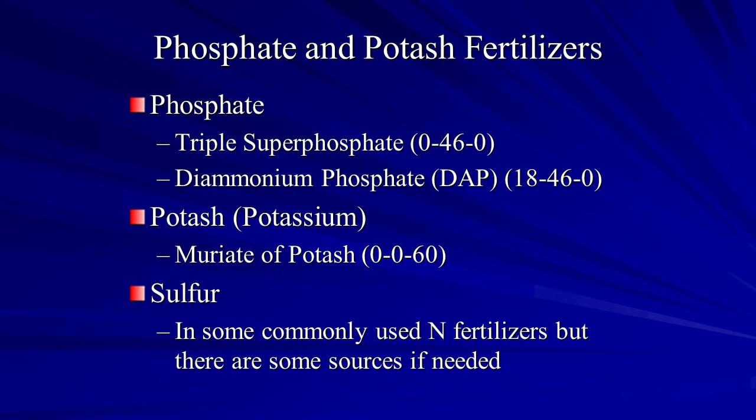Now the diammonium phosphate or DAP, which is fairly common as a phosphate fertilizer, also has 18% nitrogen. So if you are needing to fertilize with phosphate fertilizer, and they have triple super and diammonium phosphate or DAP at equivalent prices, you'd want to pick the DAP because you're getting some nitrogen with that.